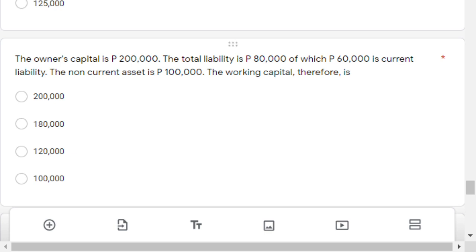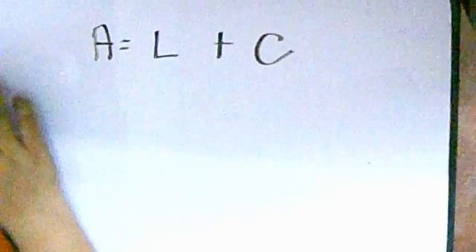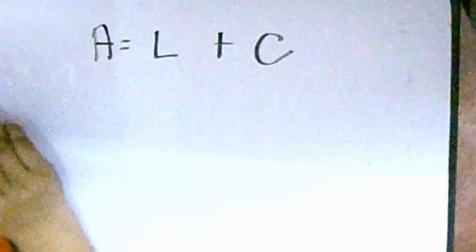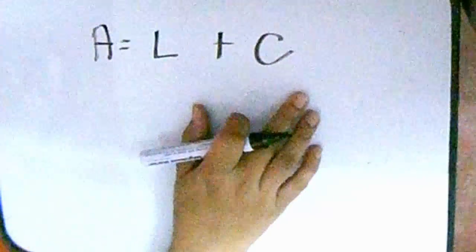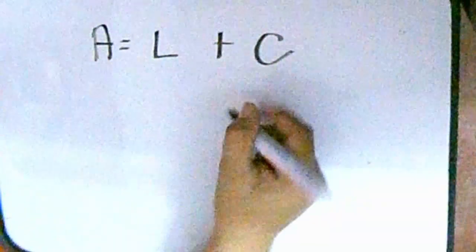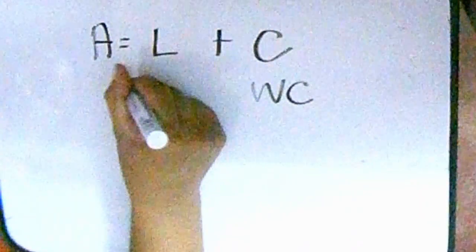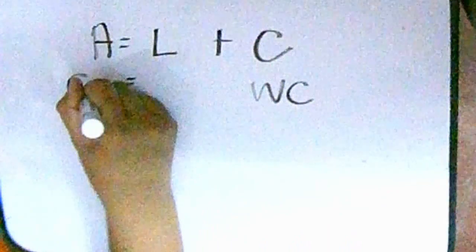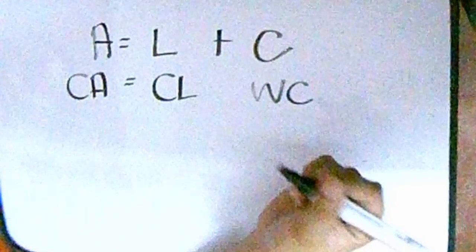Again, babalik-balikan natin yung ating basic accounting equation. Since ang tanong sa atin is working capital, para makuha natin si working capital, kailangan natin is yung current assets and yung current liability.